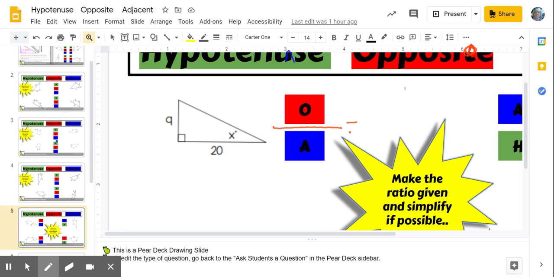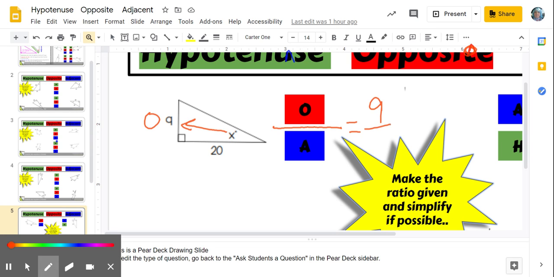I want you to make a ratio with the O and the A. What's the O, the 9 or the 20? The 9. So the 9 is the O, and that means the A is the 20. We're going to make a ratio with that, and then grab your calculator or open Desmos.